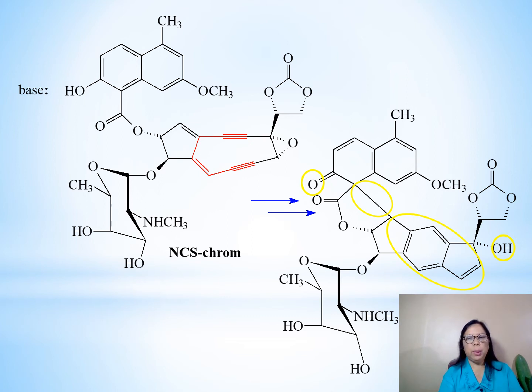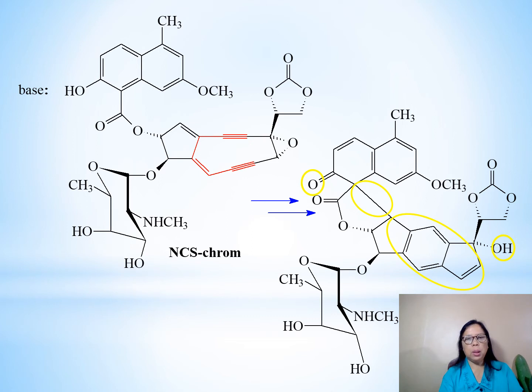So you have here the single bond, and one of the electron had left already, and then this portion here also became closed, forming a bond here.